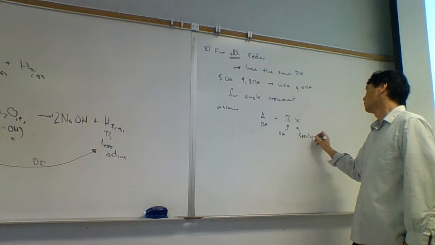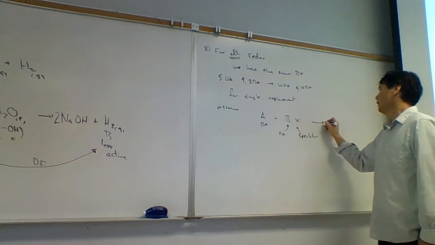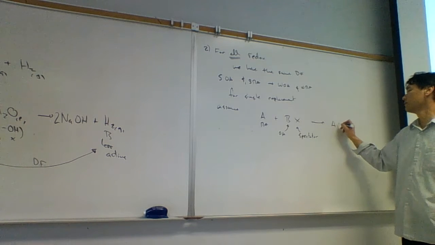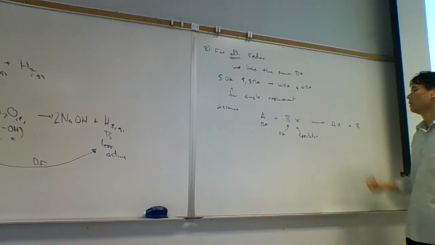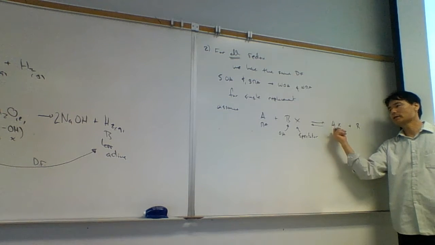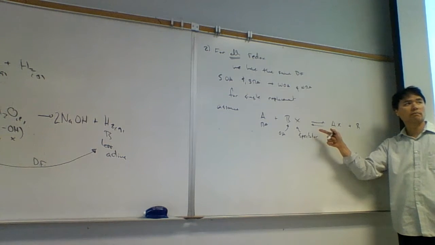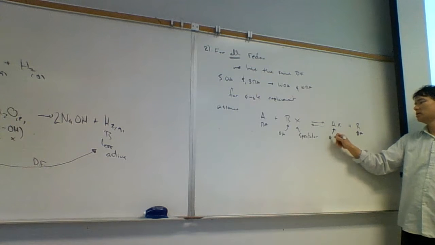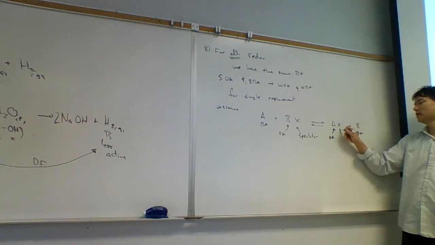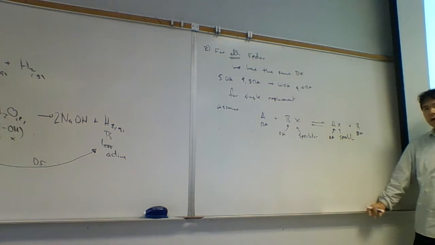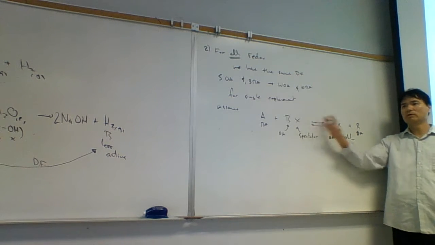And then when we go to this side, we're going to form AX plus B. And so what we think about is we have a competition. We have the forward reaction competing with the reverse reaction. If we go backwards here, then B is our reducing agent, A is our oxidizing agent, and X is the spectator again. And so a chemical reaction is a competition between the forward and the reverse.